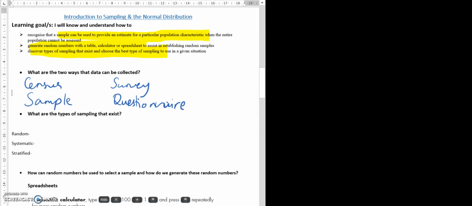Okay, additionally, we can also think about the types of sampling that exist. So there are 3 types you need to know about: random, systematic and stratified.